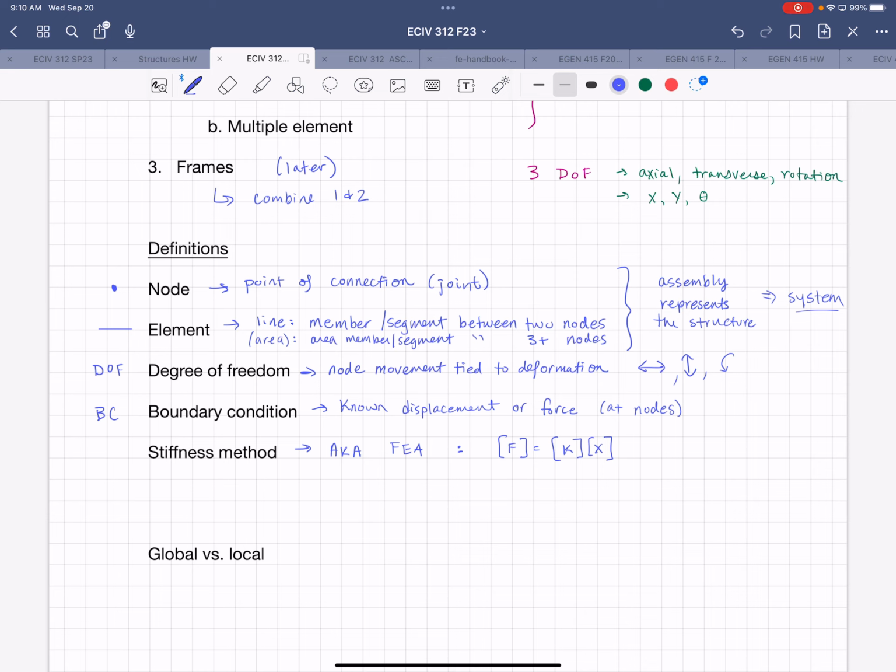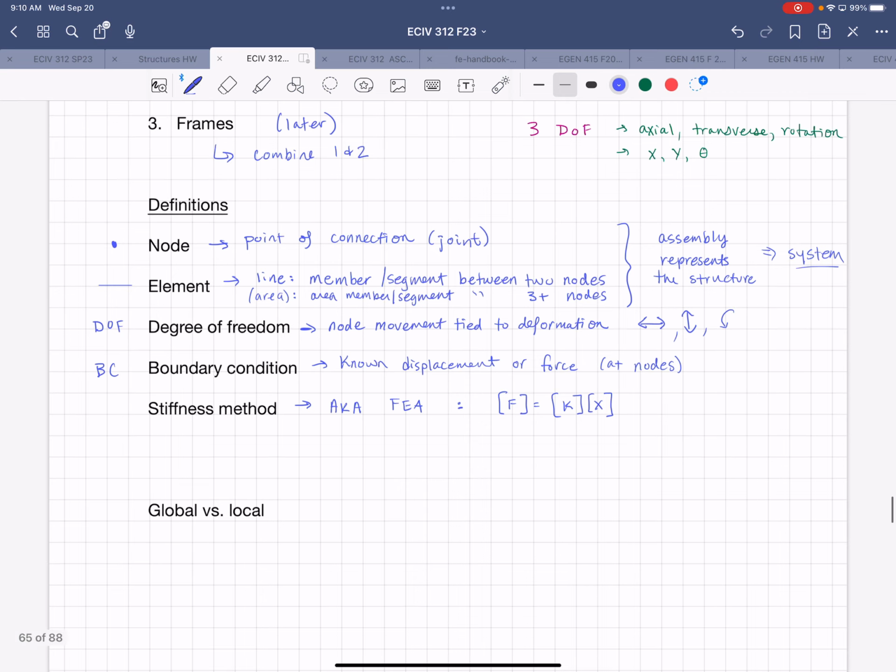We'll see that as we go through examples. And so what that ultimately means for you as we go through this method and your hand calculations, you'll have a smaller matrix to work with for your first solution, the first partition, when we solve for unknown displacements. So we'll get into that later.